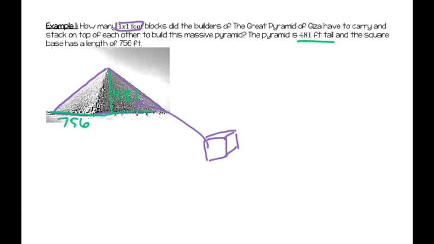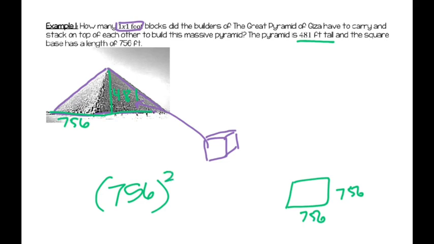So to find the volume of this, which is what we're doing if we're talking about how many cubes could go in there, we're going to look at our base, which is 756 times 756. So the area of my base is going to be 756 squared. And then I'm going to multiply that times the height. And then because it's a pyramid and not a prism, we're going to multiply by 1/3.